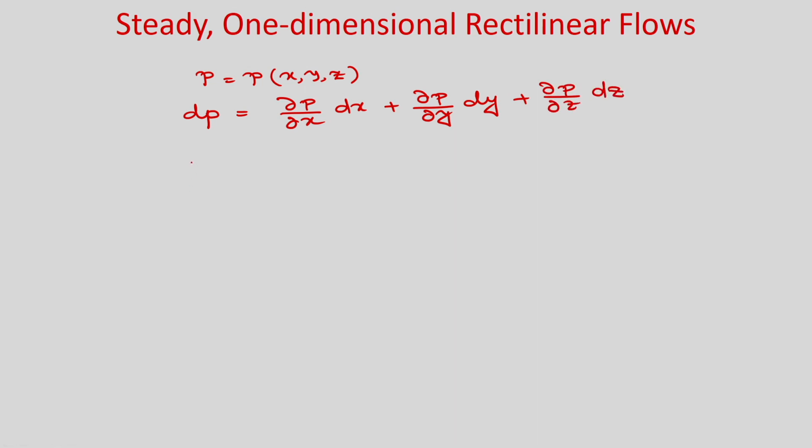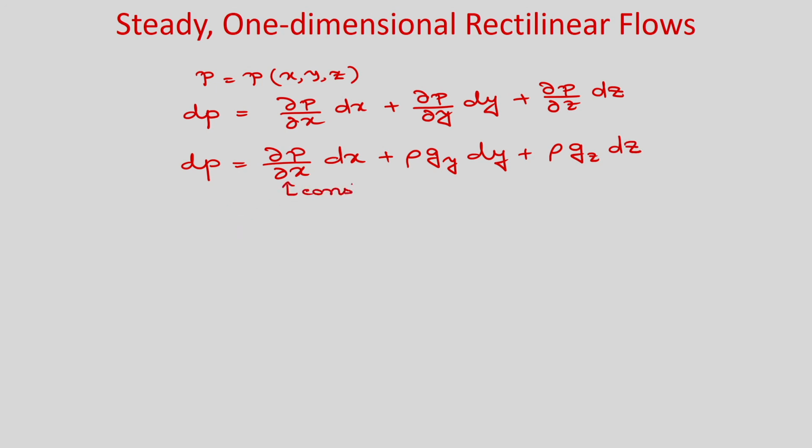So, dP is equal to del p by del x, which we are assuming as constant, dx, plus del p by del y which is rho g y dy, plus del p by del z which is rho g z dz. If it is not pulsatile flow, then obviously del p by del x will be constant inside pipe flow.